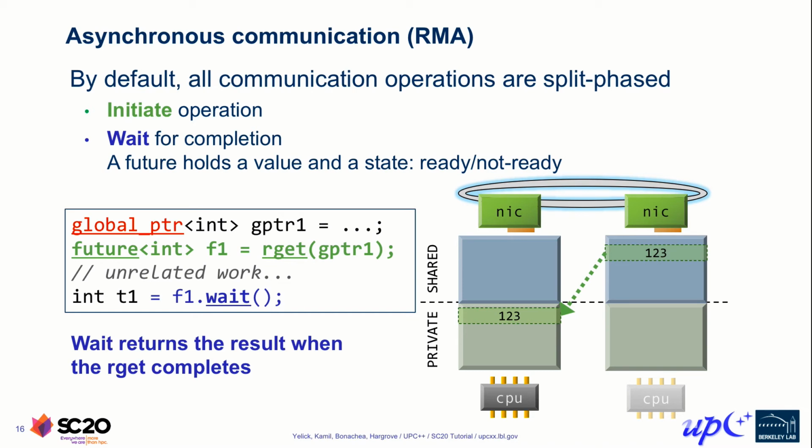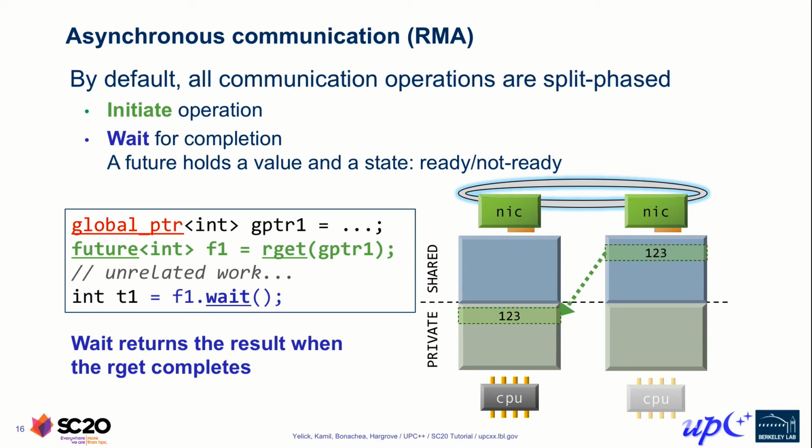And so the type of the return value here is not simply an int, which is what the pointer points to, but is going to be this future object, which you can then use to do unrelated work without touching f1, and then later ask to wait to make sure that the rget has come back.